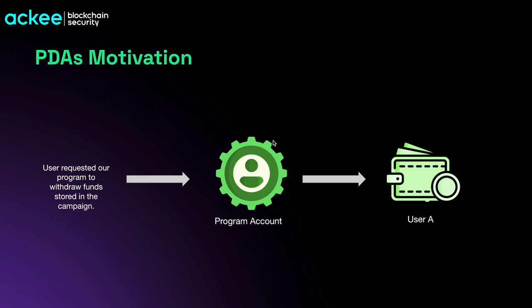That means that the program needs to have some way to tell System Program, look, I want to do this transaction, I want to withdraw all this money that I hold in my PDA and transfer it to user A that called this withdrawal function. So how do we do that?